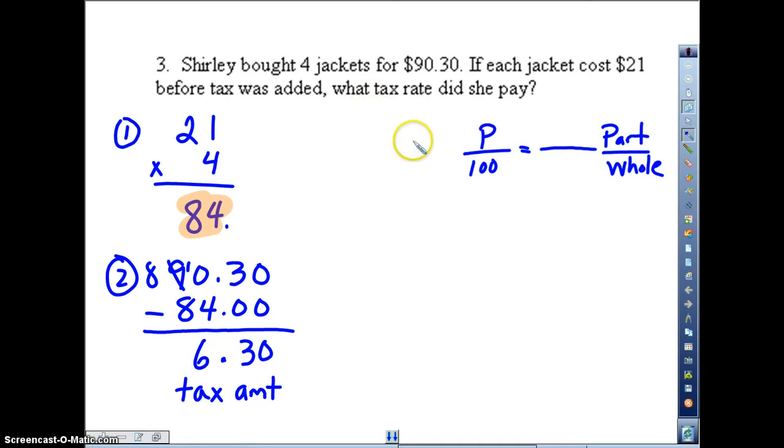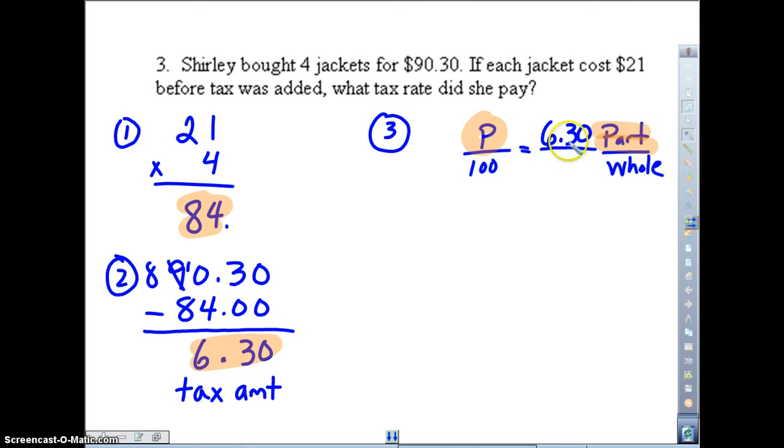So, step 3, now that I know the tax amount, the part of my cost that is tax, I want to know the percentage of the whole that is the tax. So I'm going to put the $6.30 where? That's the part that is the tax.